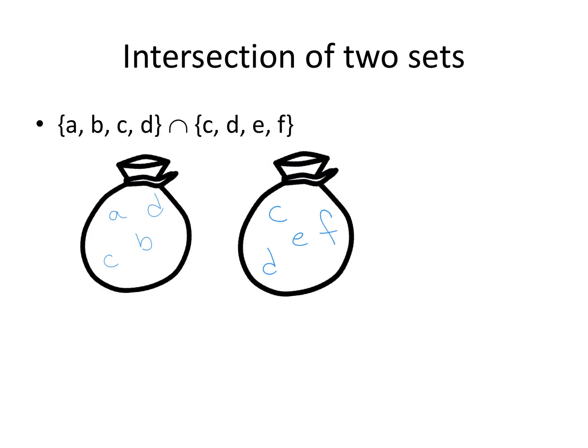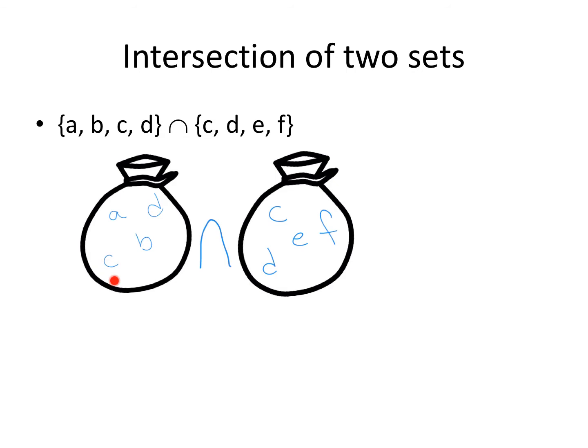Similarly, we can take the intersection of two sets. If we want to take the intersection of these two sets, that means finding all of the items that are in both of the sets. So let's take a look. In here we have an A, but no A in there, so that's not in the intersection. And we have a B, but no B in here.